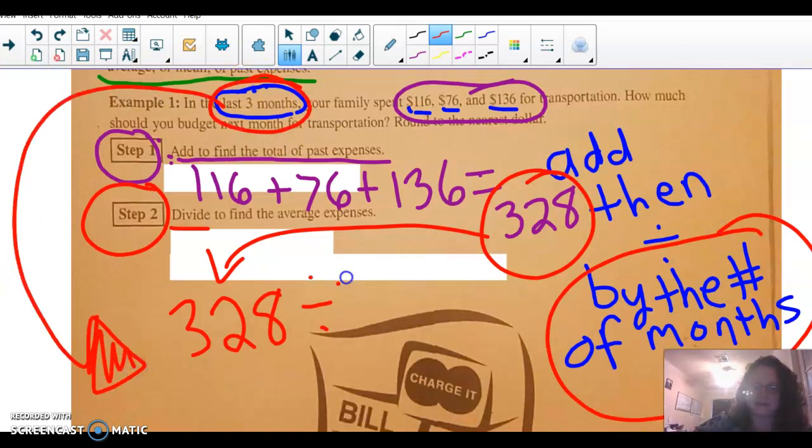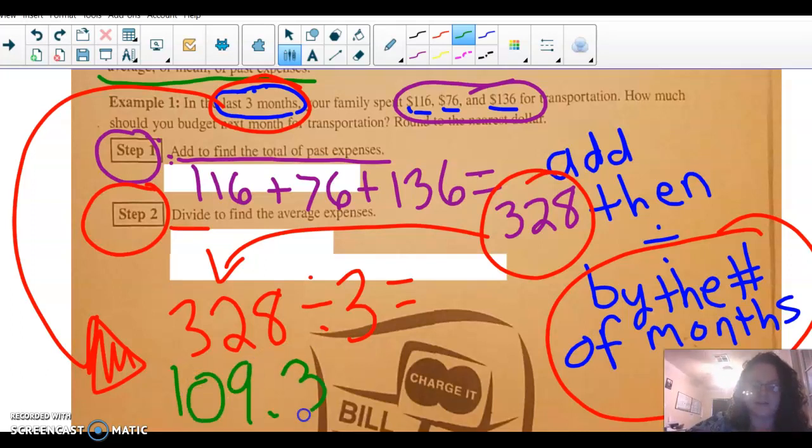So I'm going to divide by 3. Again, I can use my calculator on a phone, or you can use a calculator online, whatever you want to do. We'll put 328 divided by 3. And we get an answer that's a decimal: 109.33333.